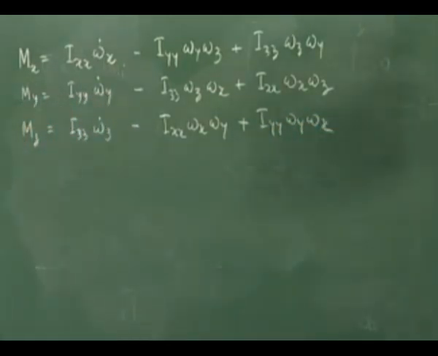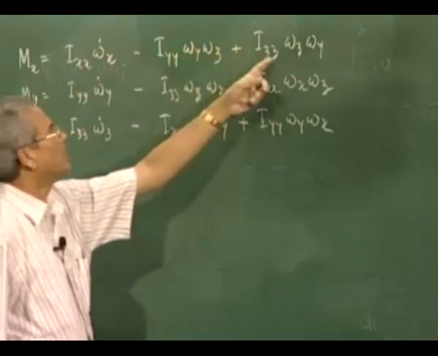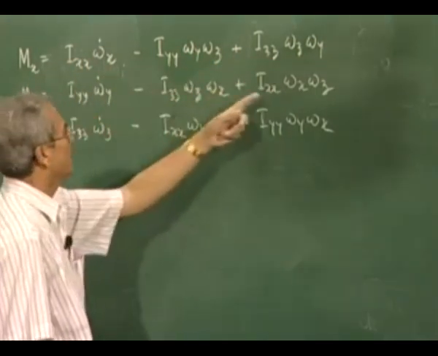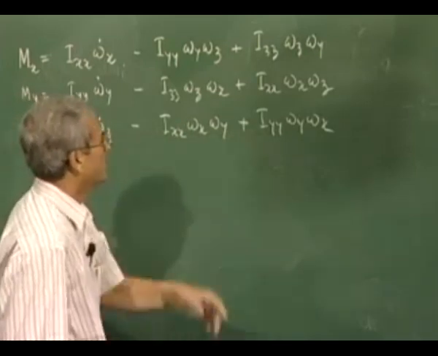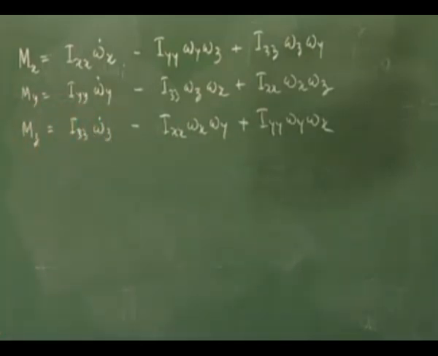This form is easy to remember because x, y, z, it is in circular form: x, y, z; y, z, x; z, x, y. So that's how one can easily remember.